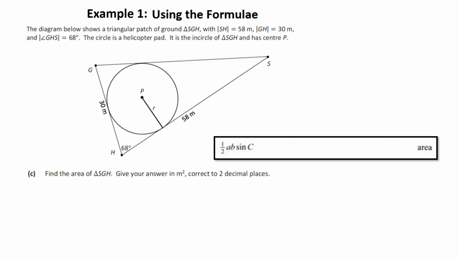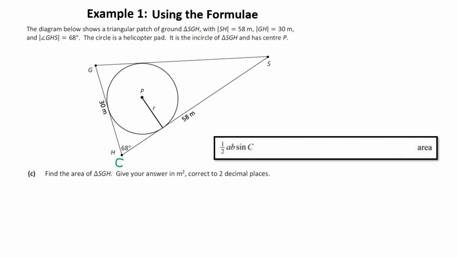The next thing they ask us to do is to find the area of SGH. We have an area formula on page 16 as well, and that's a half AB sine C. So I'm going to relabel, I'm going to change my labels. You can do this in a different color. I want the angle to be C. You can use anything, like we have two different angles.